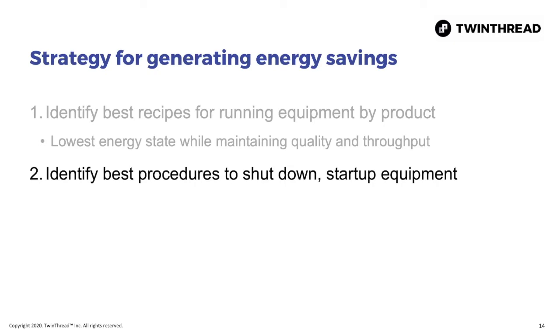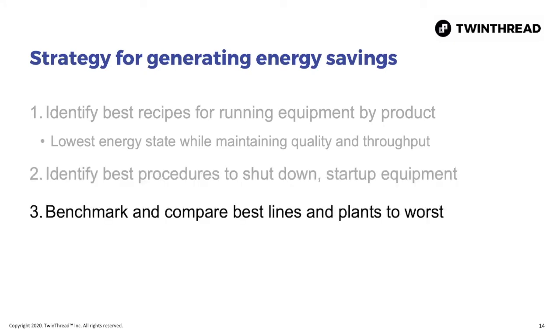And identifying what's expected in those scenarios. And then of course, the whole secret is just alerting the operations team when those procedures are being deviated from. When something that was intended to be shut down is being left on, that's an opportunity to save energy. And depending on the process, that can be very significant.